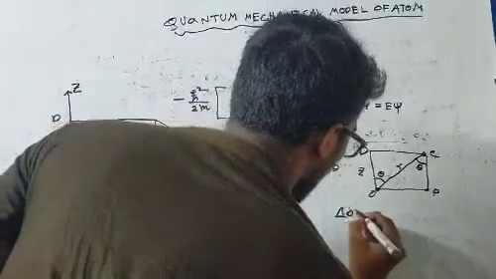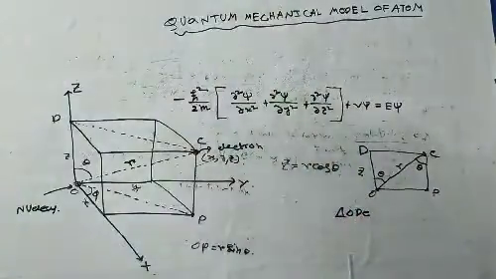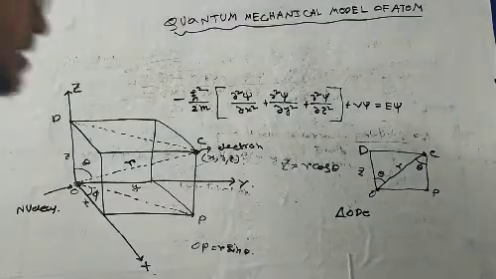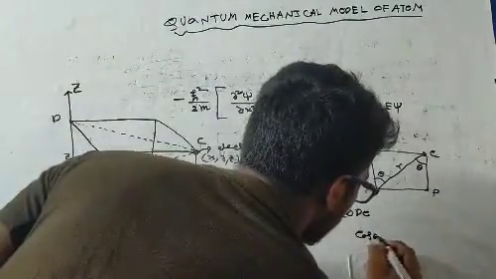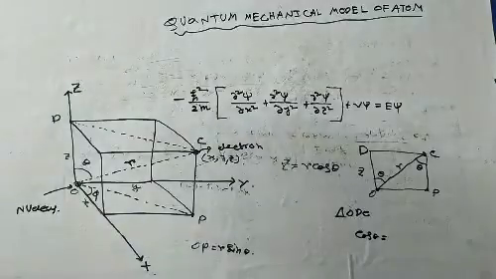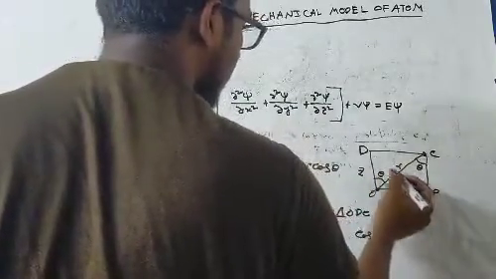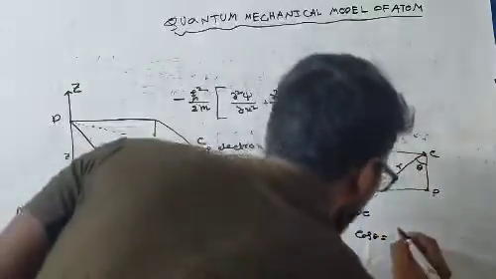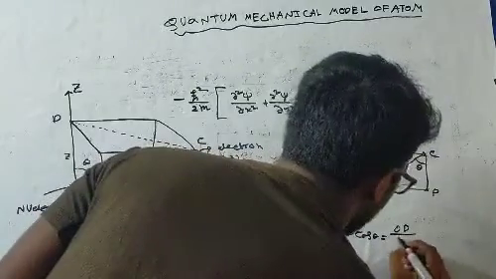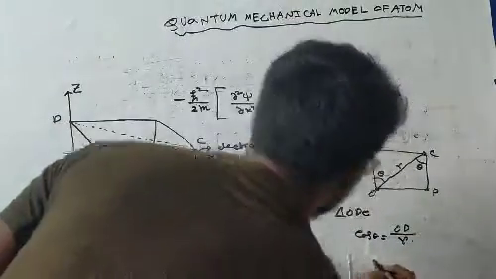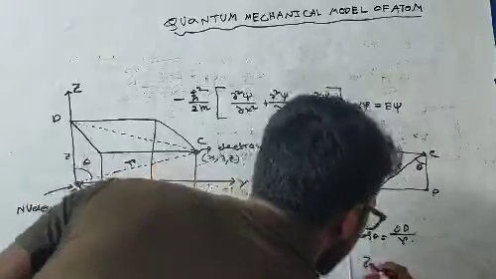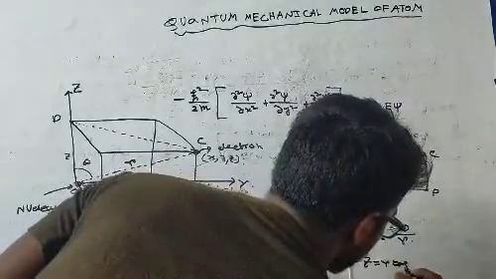Now from the triangle ODC, I can write cos theta equals base upon hypotenuse. So r is the hypotenuse and OD is the base, and OD is nothing but z. So z equals r cos theta.